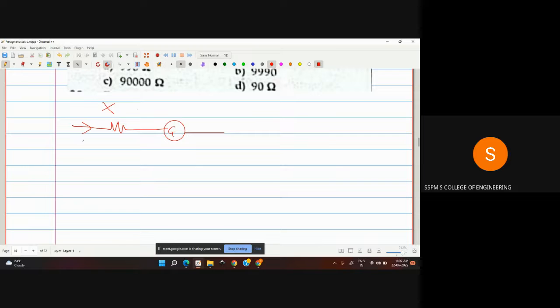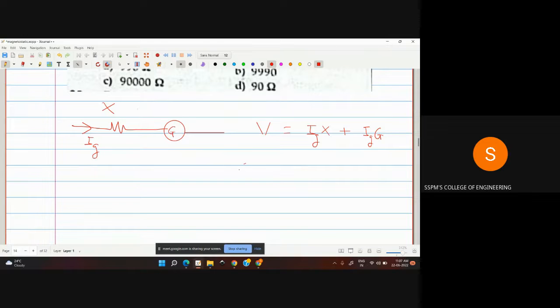Let's consider I to be the current flowing through the galvanometer, and the voltage across the circuit is I into X plus I into G. The current flowing through the galvanometer, let's consider Ig.